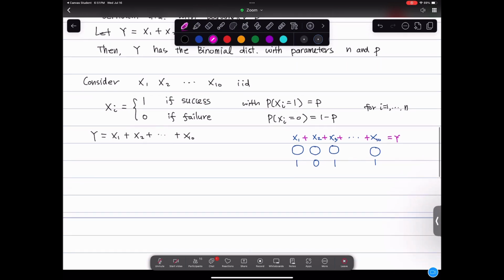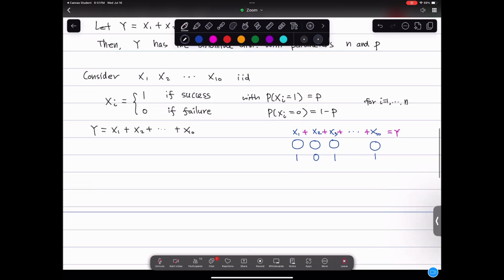So if I'm interested in, for example, the probability that Y equals 8, it means there are 8 ones and 2 zeros. So 2 of those are zeros and 8 of those are ones, and when you add them out it should be 8.